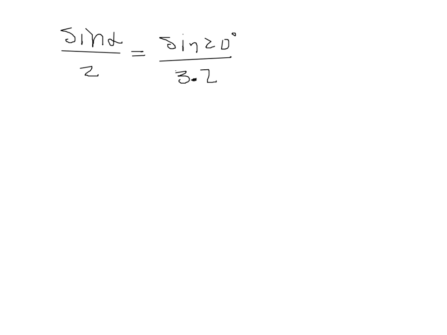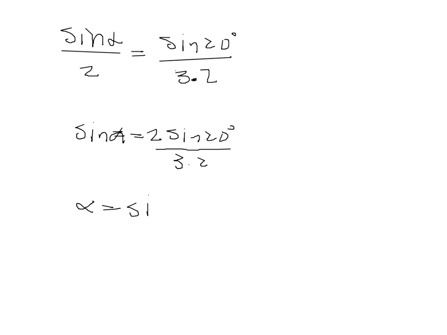So sine alpha equals 2 sine 20 over 3.2, and so alpha is the inverse sine of that.